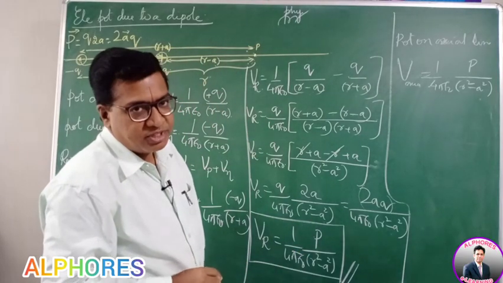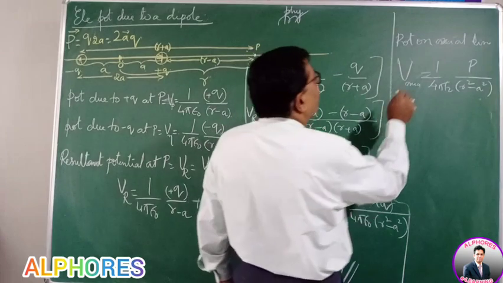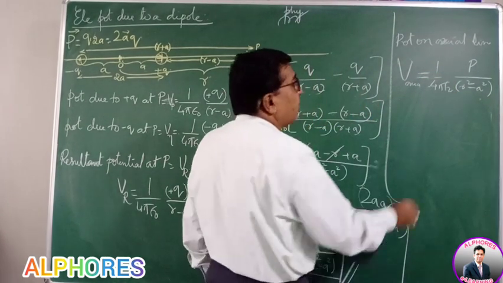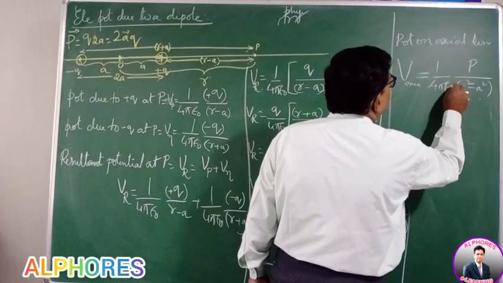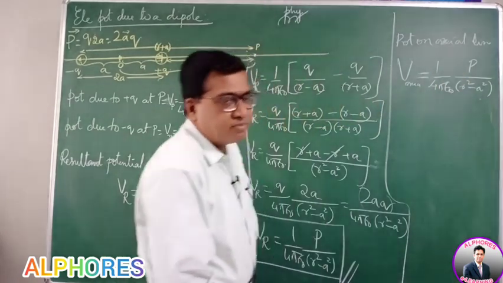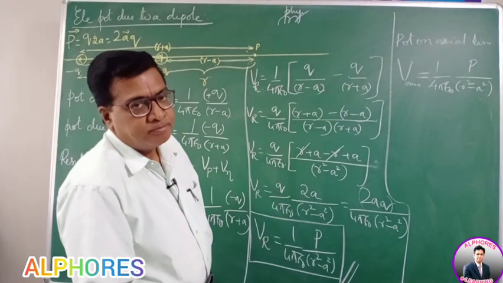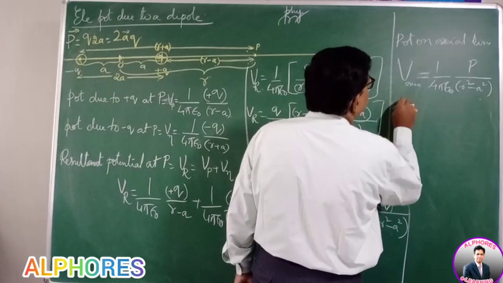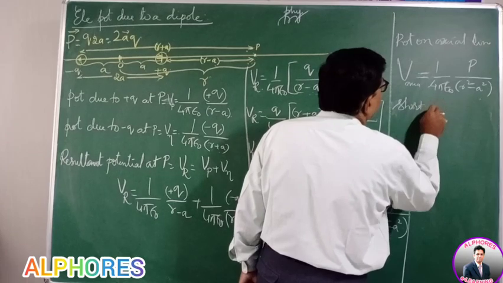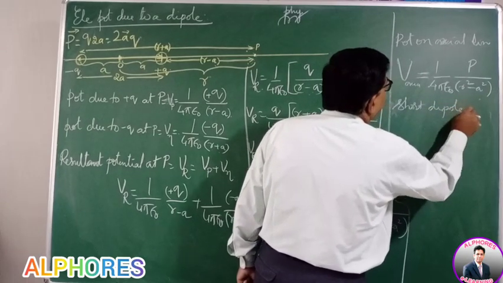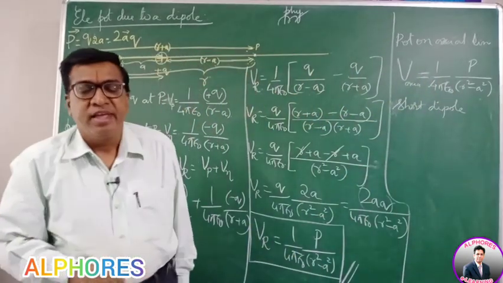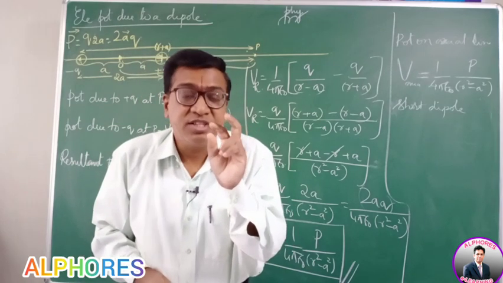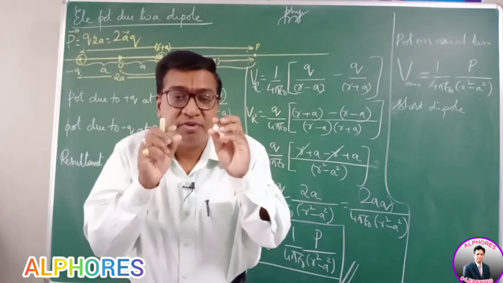Now that is the potential there, right? So therefore, potential on the axial line of a dipole is 1 by 4 pi epsilon naught P by R square minus A square, like this. That is the thing. Now, if it is a short dipole, I was telling you a short dipole and ideal dipole, a dipole whose charge, the quantity of charge, is a combination of two equal and opposite charges of high magnitude.